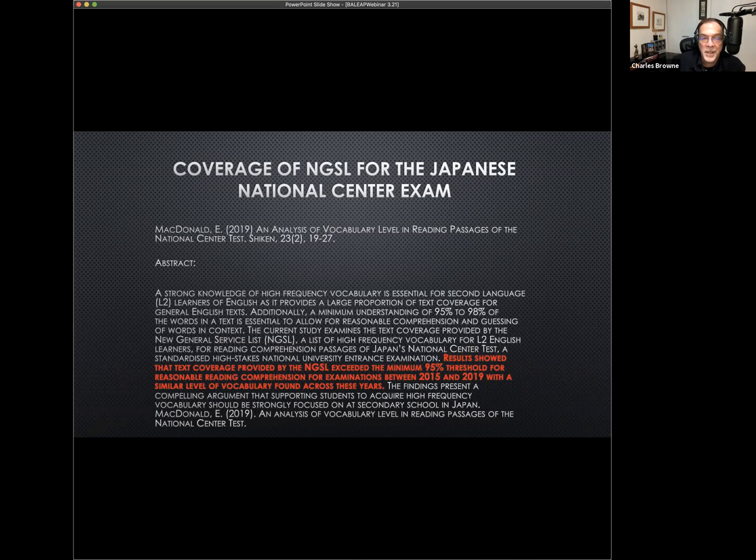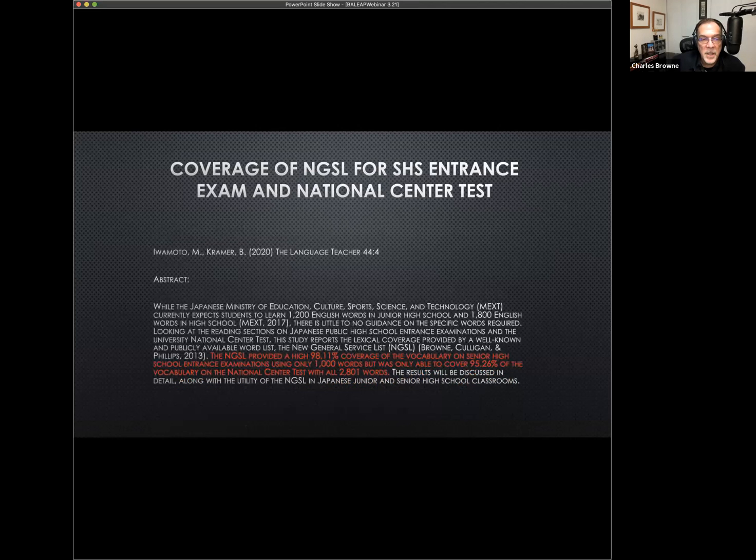So basically, that means that not only is the NGSL very good for general English in the real world, but it's also giving very good coverage for high stakes exams as well. And the same thing is true for senior high school entrance exam and national center test: 98% for the high school exam and 95% for the center test. So another research article by Iwamoto and Kramer.